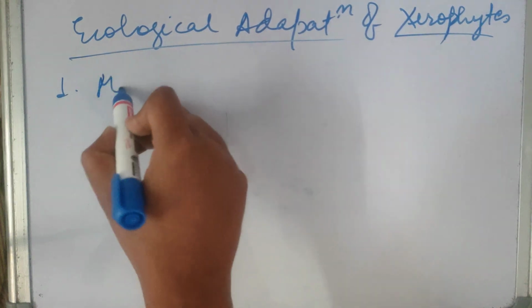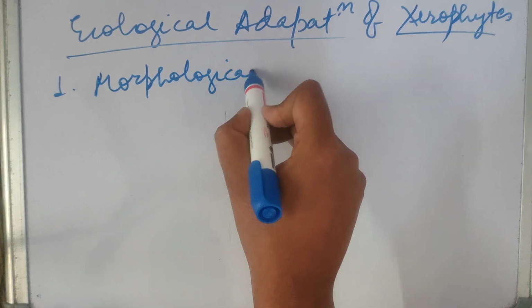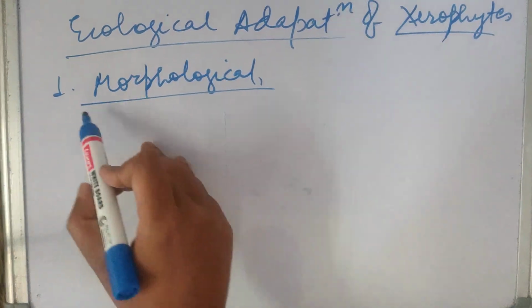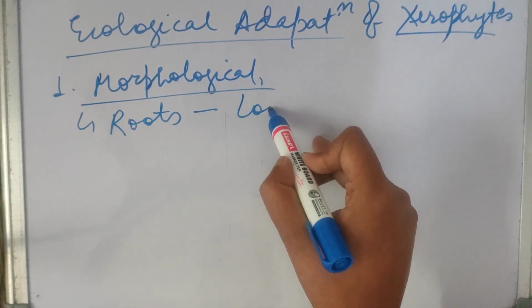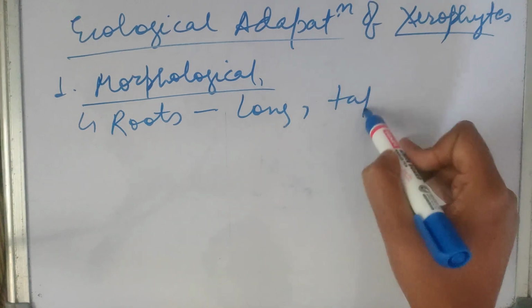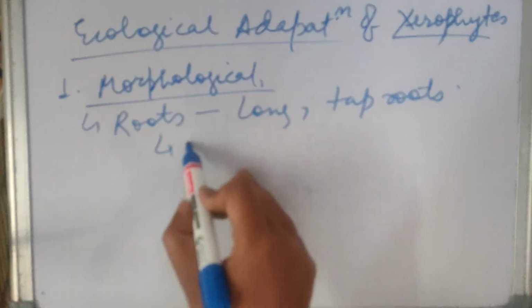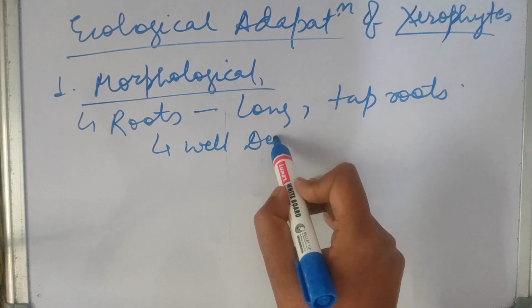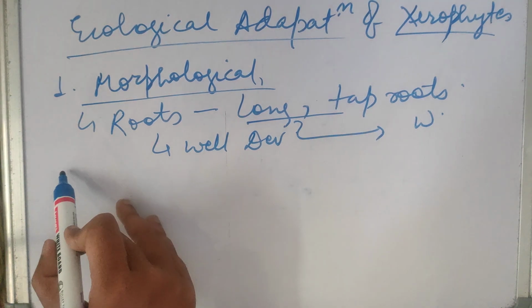First of all, we will discuss morphological adaptations. We can see this in roots. Roots are long and mainly tap roots. They are well developed and go deep in search of water.